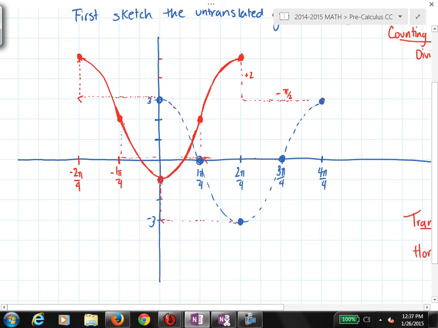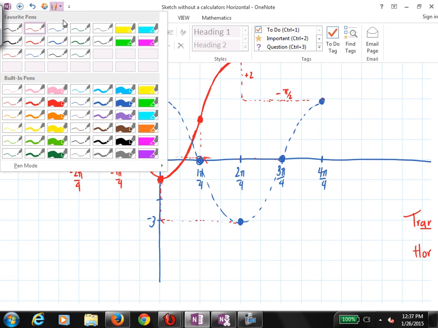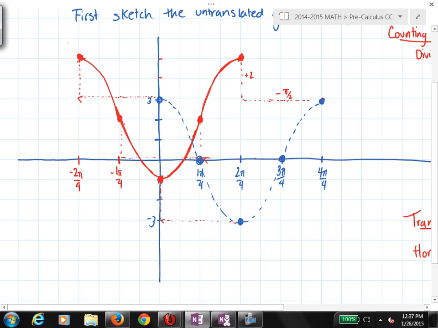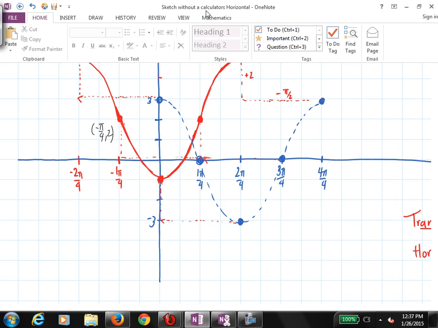And the final thing that I want to be interested in is, can you give me those coordinates? So let's go ahead and give the coordinates. The first key point, once it was translated, now it's going to land at negative 2 pi over 4, which reduces to negative pi over 2, comma. Now what's the y value here? 5, because I'm at 3, I went up 2 units. The coordinates here are going to be negative pi over 4, comma 2, right?